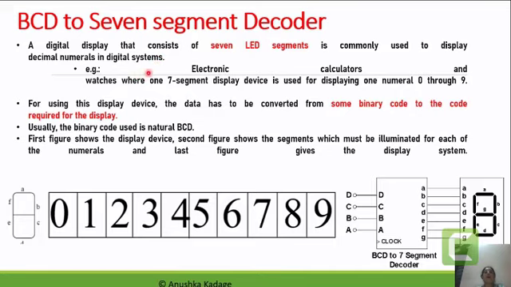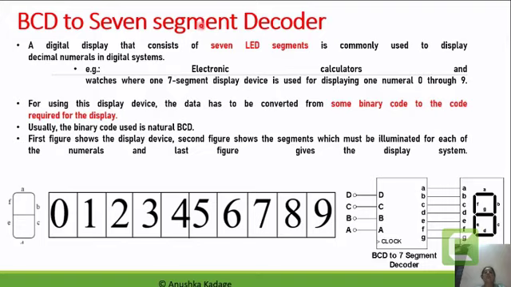For example, you can see it in electronic calculators or digital watches, where the 7 segment display helps us display numeral values from 0 to 9. By using such display devices, the data gets converted from a binary code, the BCD code, to the code required for display, which is the 7 segment decoding.